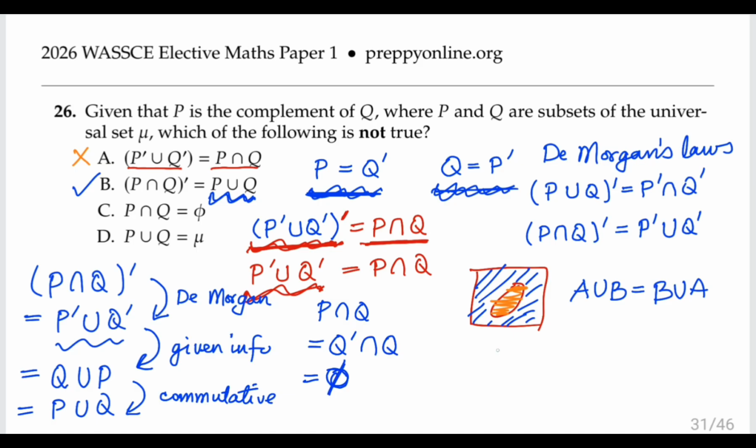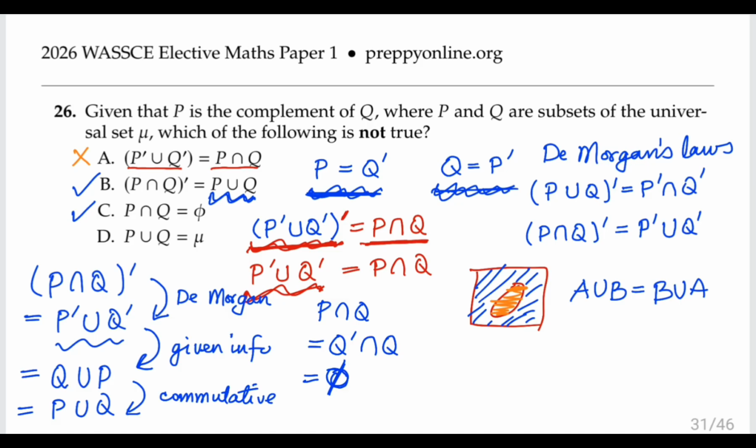Remember that the complement of a set is the things that are outside the set. So the things inside the set and the things outside, there cannot be an intersection between them. So C is correct.